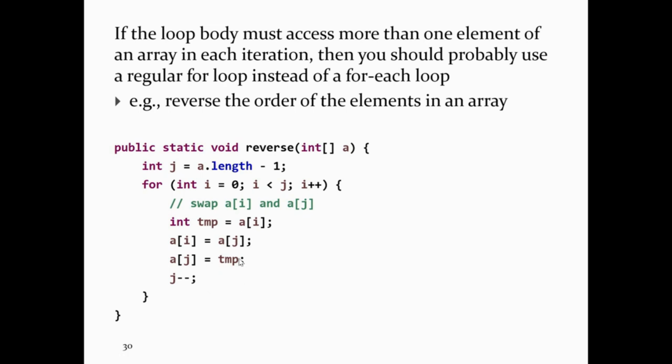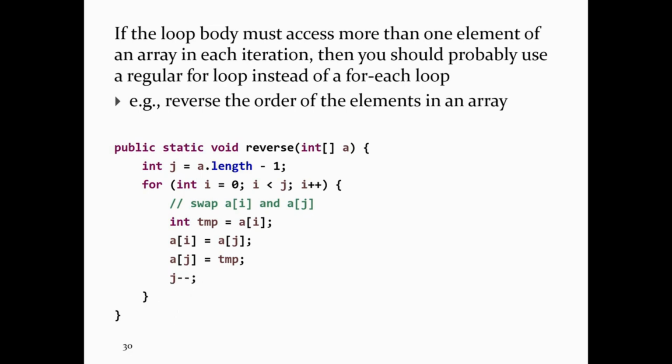Now, the counting loop is going to keep track of the index i. So each time through the loop, i is going to go up by 1. We're keeping track of the ending index ourselves, so that means we have to update the ending index ourselves here. So there's that j minus minus there.